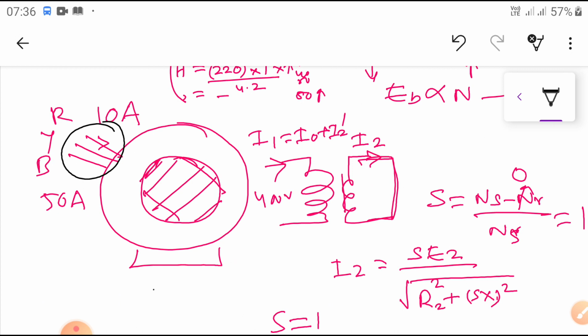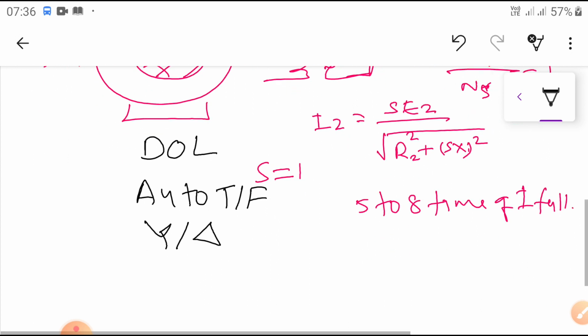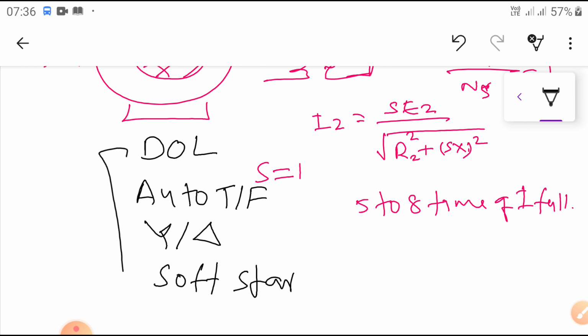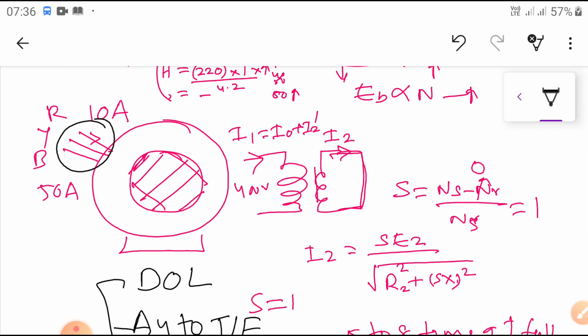We have seen the DOL starter, direct online starter, and the auto transformer starter, nothing but a variac. We can use a star delta starter, and a soft starter, the latest one, which is used in electronic devices. These are the different types of starters that can be used on the stator side to limit the starting current.